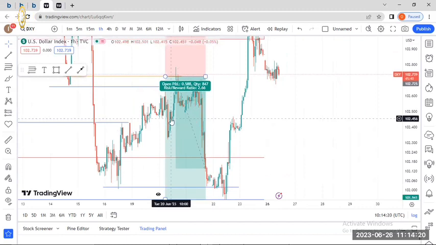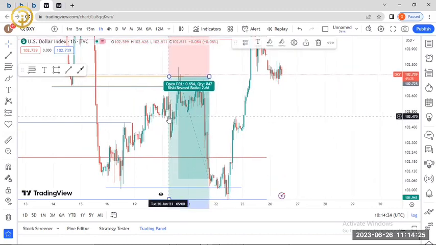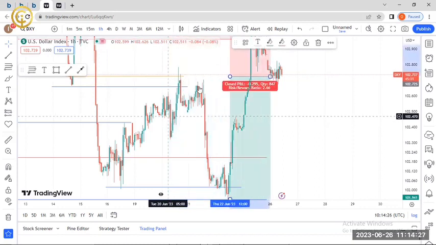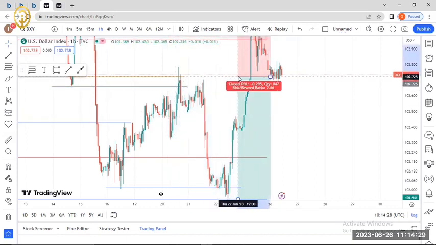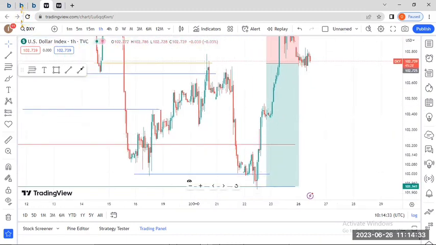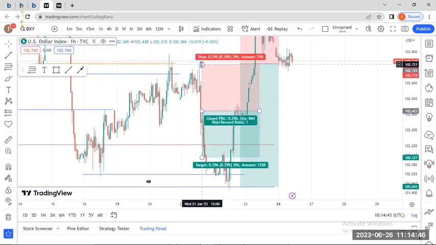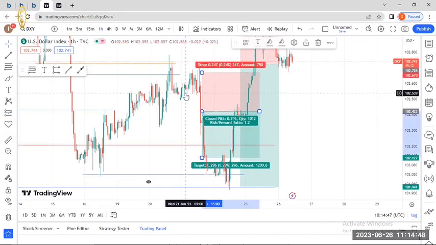If you did not enter here because you were waiting for more confirmations, you would have waited until you got more confirmations, which were the taking down of the previous daily low, and it retraced back into the range. Then you would have looked for a sell.